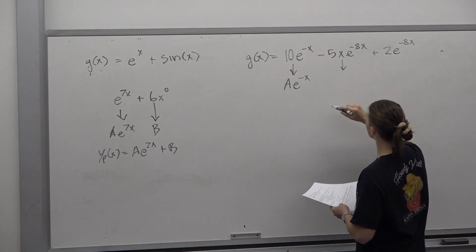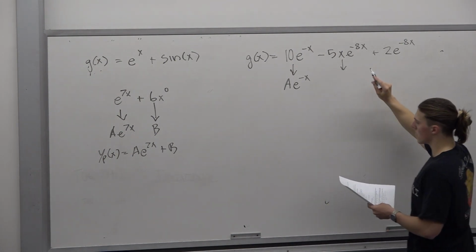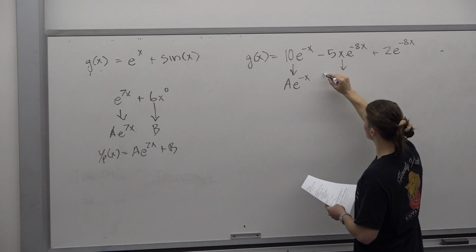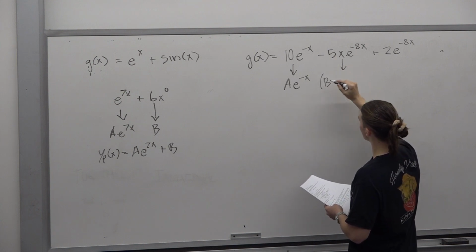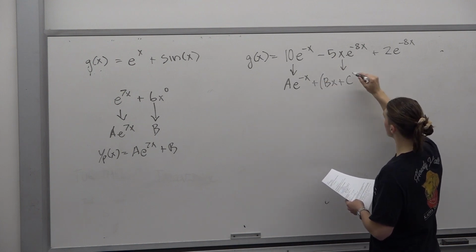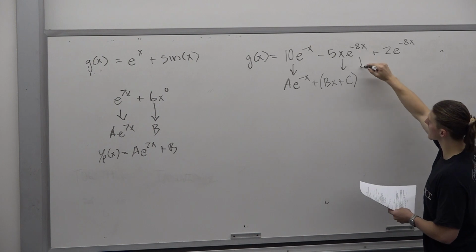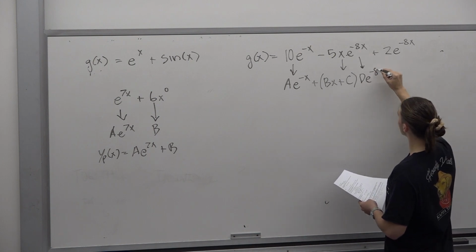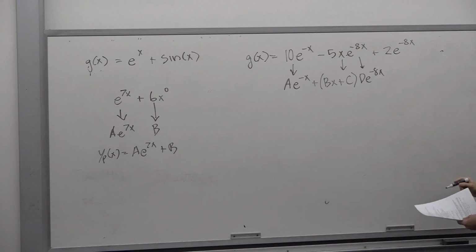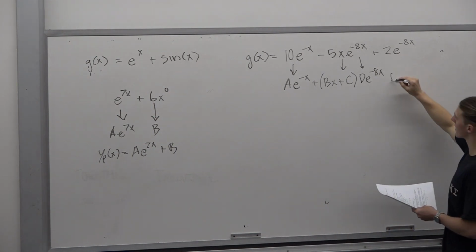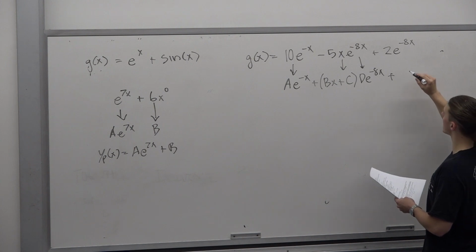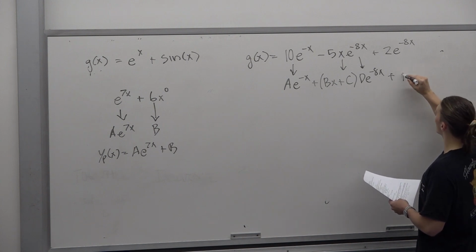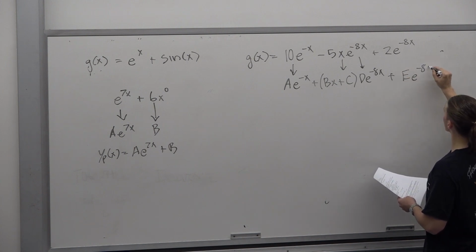Our guess for this term, this is a product, so we have an x here, a first degree polynomial, bx plus c. As for the exponential, we just have some d e to the negative 8x. And then finally, our last term here, let's call it e to the negative 8x.